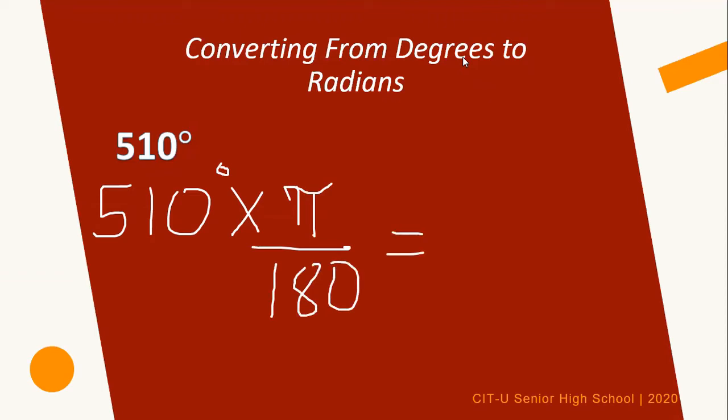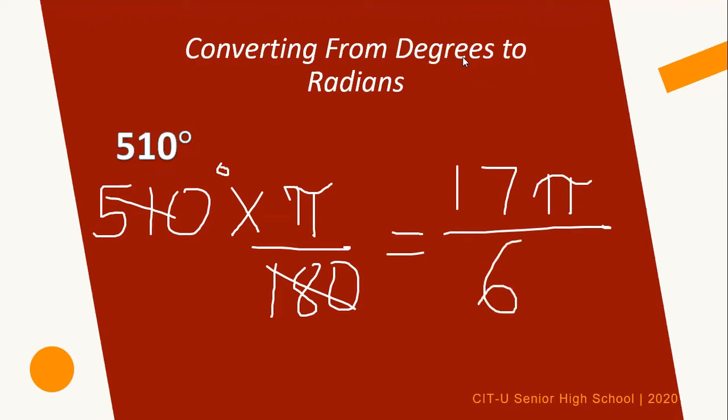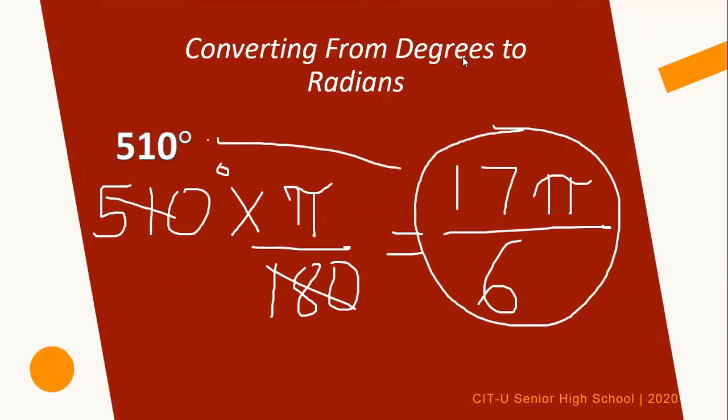The greatest common factor of 510 and 180 is 30, so we divide both by 30. 510 divided by 30 is 17, and please don't forget pi. 180 divided by 30 is 6. Then we can conclude that 510 degrees is equal to 17 pi over 6 radians.